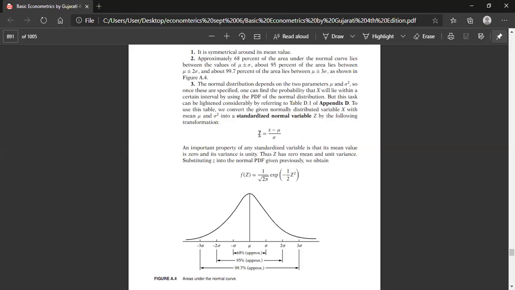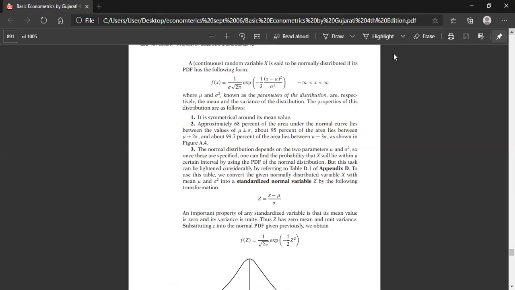What did I say? If you standardize a random variable which is normally distributed, you end up with a standardized normal variable z. But what is the mean of z? Expected value of z is 0. Variance of z is 1. That's why. So if you plug in z instead of x, what will be sigma?